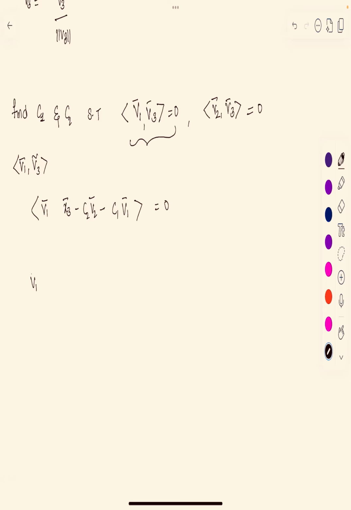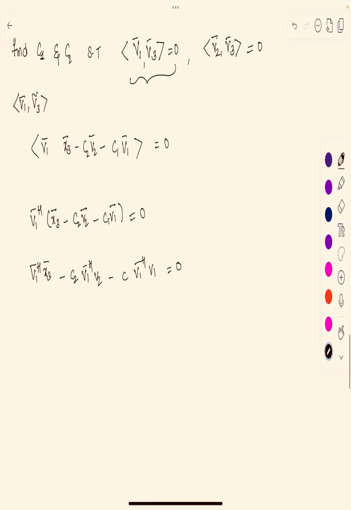So V1 Hermitian times (X3 bar minus C2 V2 bar minus C1 V1 bar) equals 0. That is, V1 Hermitian X3 bar minus C2 V1 Hermitian V2 minus C1 V1 Hermitian V1 equals 0.